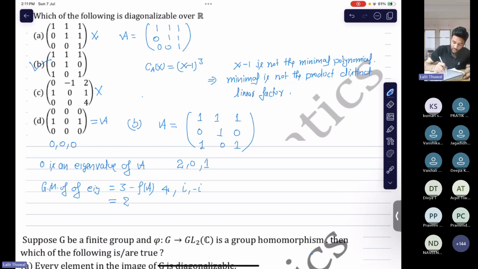So this is 2. Okay, so I miscalculated that. It means the algebraic multiplicity must be greater than or equal to 2. So at least 2 times 0 is the eigenvalue.